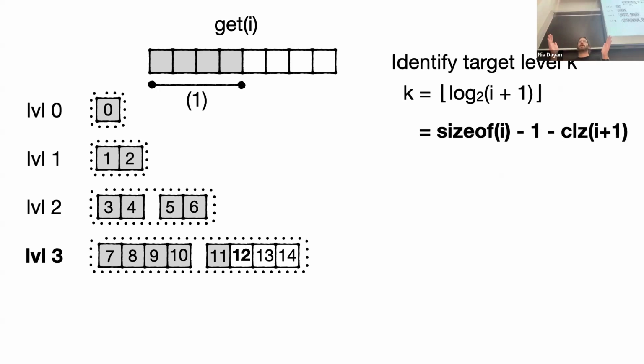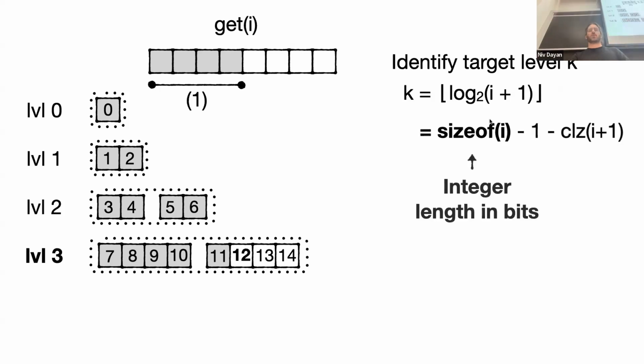Take the size of the number of bits in the integer, subtract 1, and then, you know, this is a nice, cute command that counts the number of leading zeros of an integer. All right, so if you do that, that basically amounts to this function. And this is very CPU efficient because counting the number of leading zeros is 1 CPU command, 1 CPU cycle. All right, this is also quite efficient.